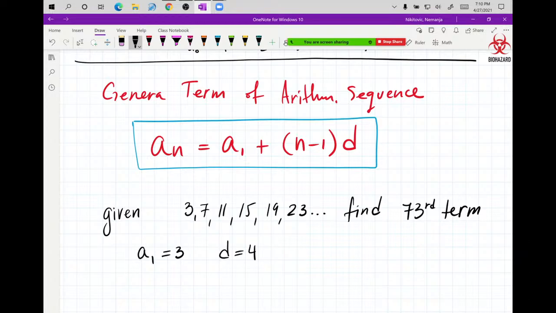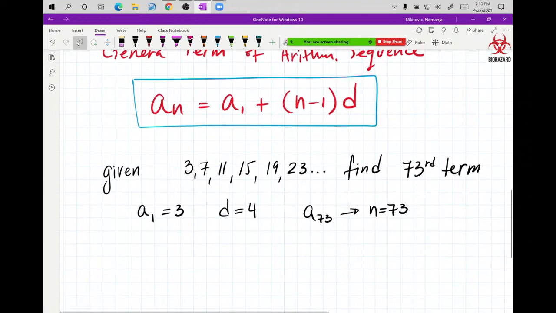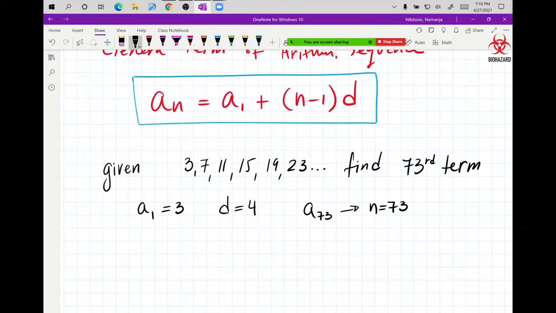Now you want a_73, which means that n is 73. All you need to do is plug all of this into the formula. a_73 is a_1, which is 3, plus (73 minus 1) times 4.